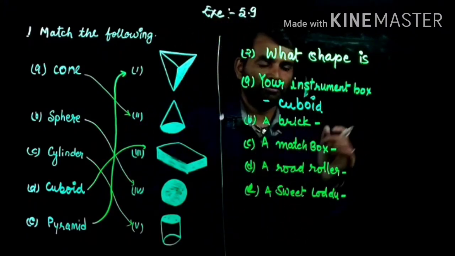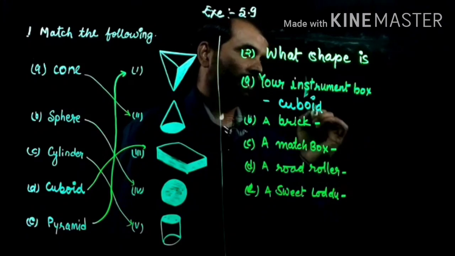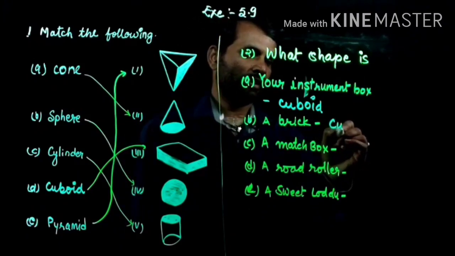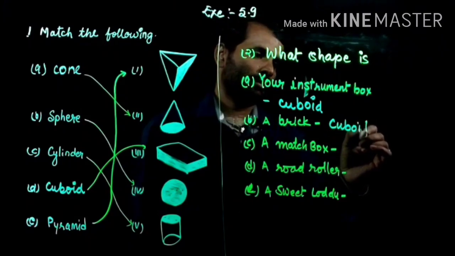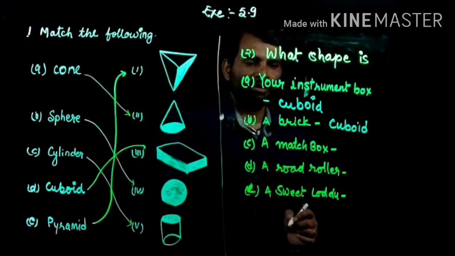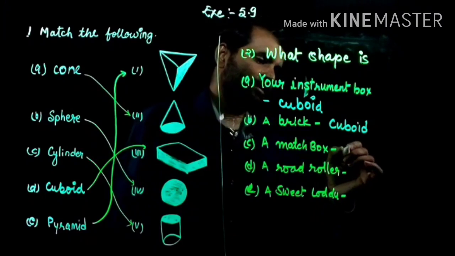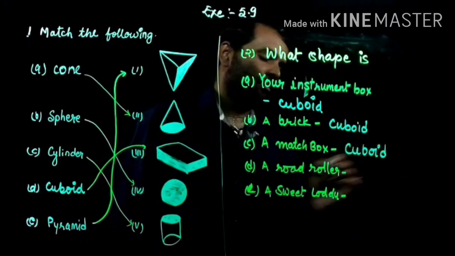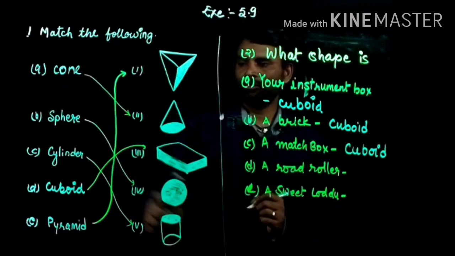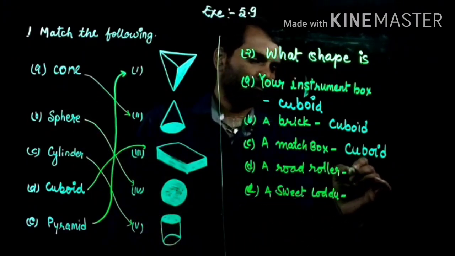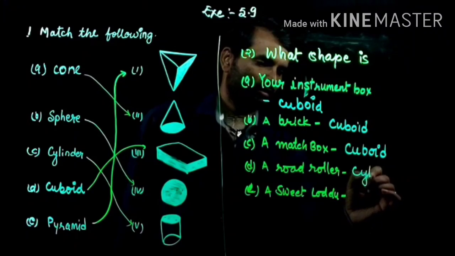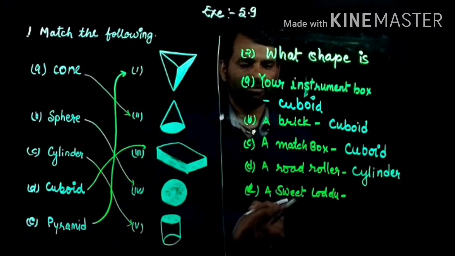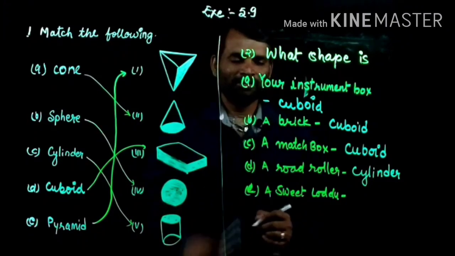A bucket you have seen, where length, width and height are different in 3D shapes, is a cuboid. And a matchbox is also a cuboid. A road roller is the shape of a cylinder. A sweet laddu is the shape of a sphere.